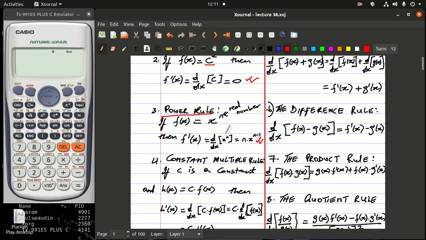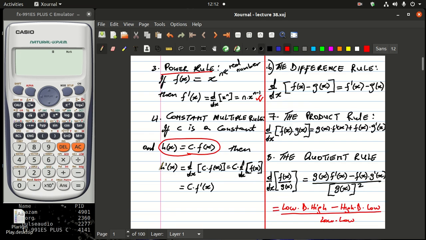And then we talked about having a function multiplied by a constant. So if you have a function h of x, which is the same as f of x times some constant c, where this c is a real number. It can be negative, it can be positive, it can be a decimal, it can be anything, as long as it is a real number.